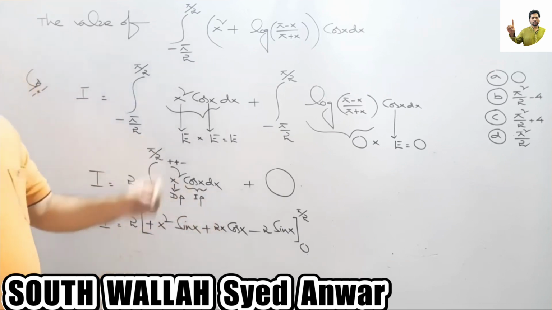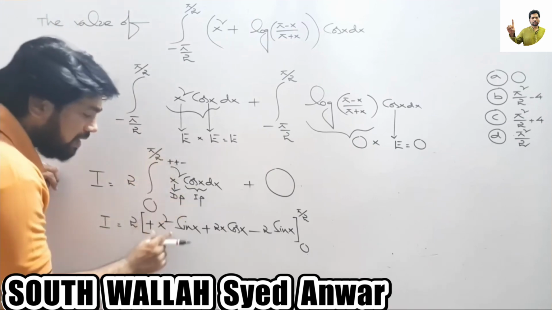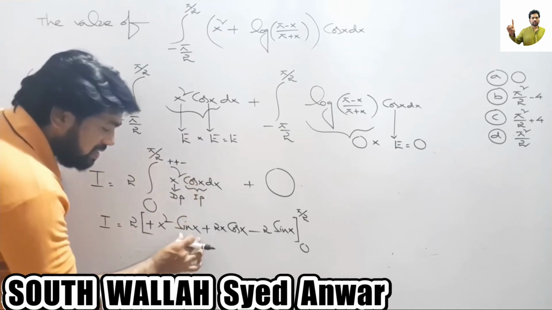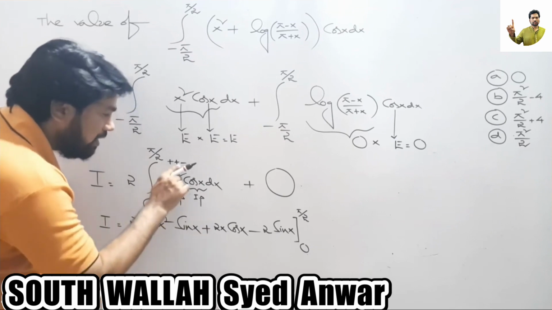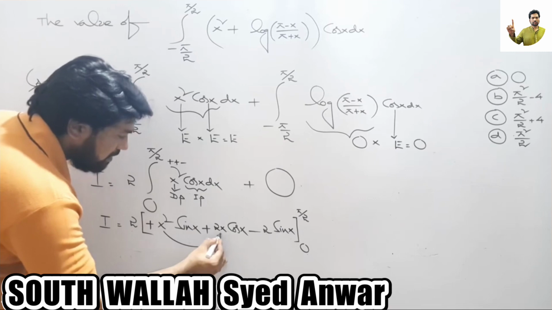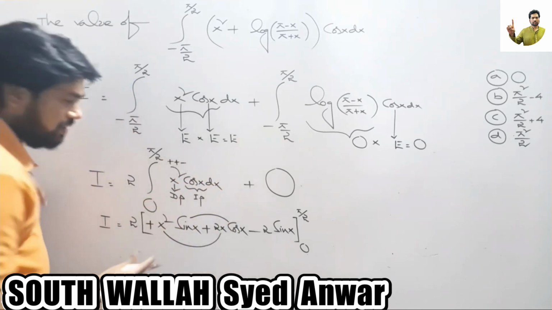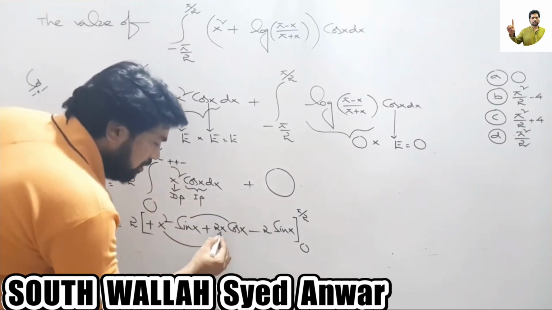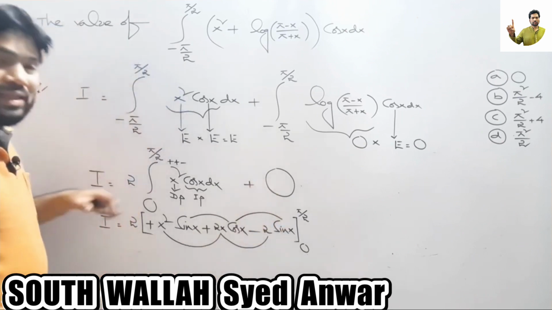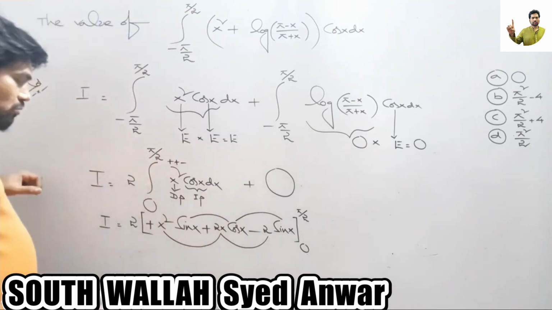First I take the positive sign, and write the differentiating part x square, then the neighbor of cos x, which is sin x. Next, the positive sign: the derivative of x square is 2x, and the neighbor of sin x is cos x. Next, the negative sign: the derivative 2, and the neighbor of cos x, sin x. Like that I have finished in a single line. Between the limits 0 to pi by 2 we have to find the value.